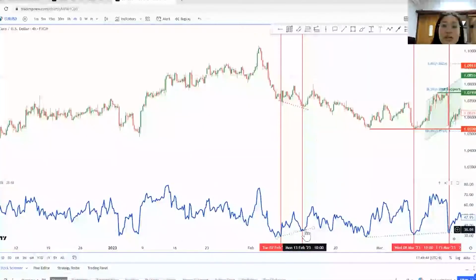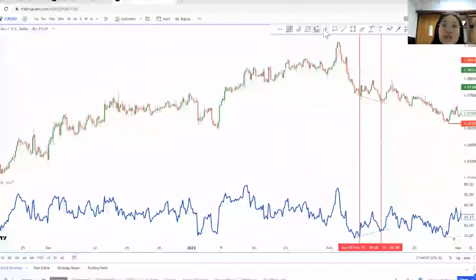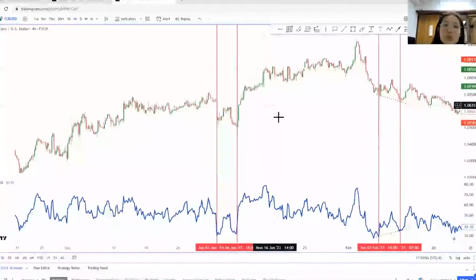So you can see price did indeed go up immediately after this point, immediately after the divergence. Over here as well. So they're pretty easy to look for once you get the hang of it. And they're quite common as well.